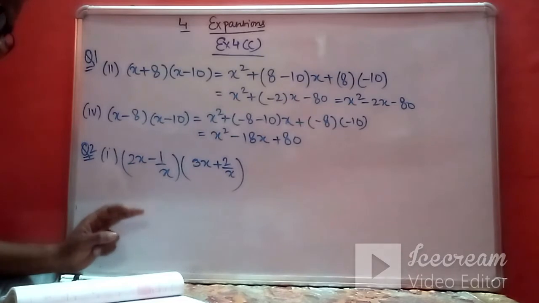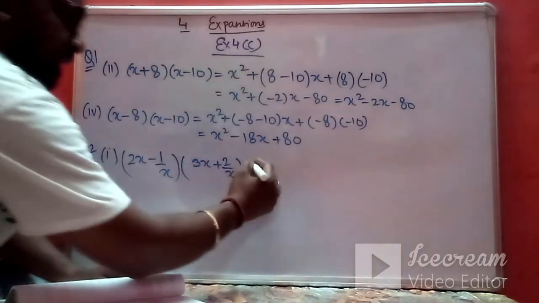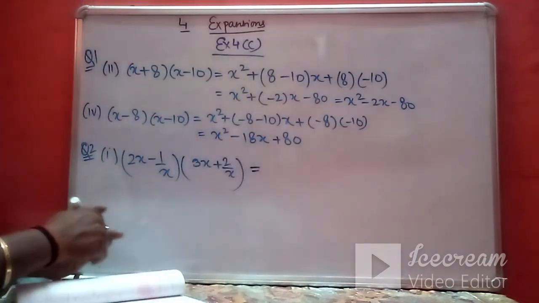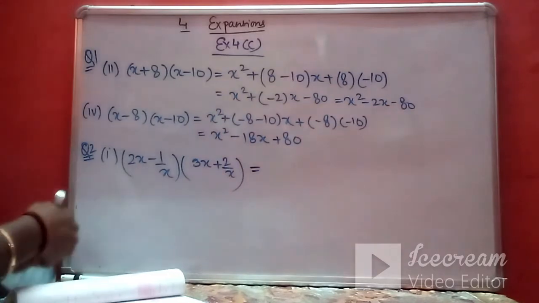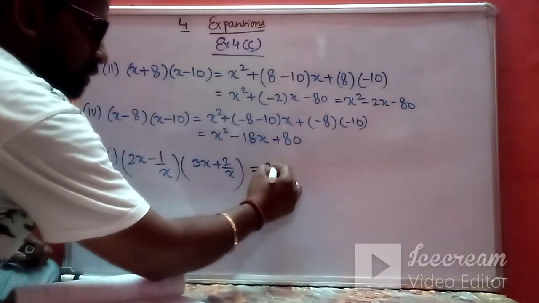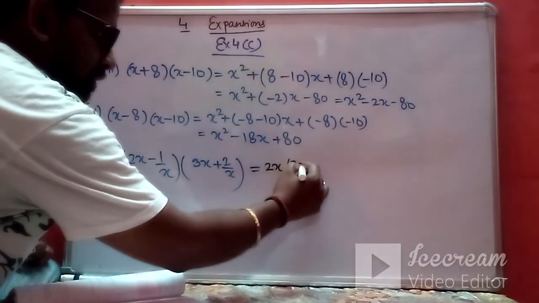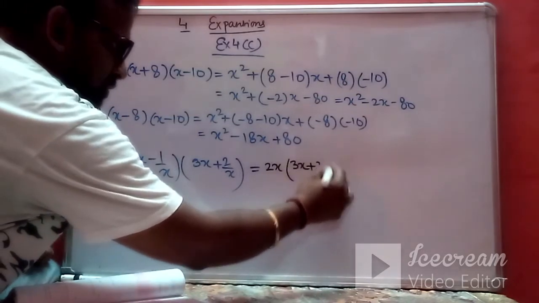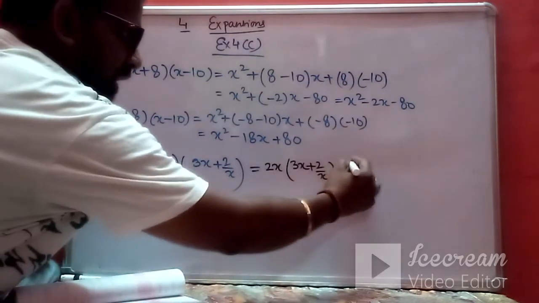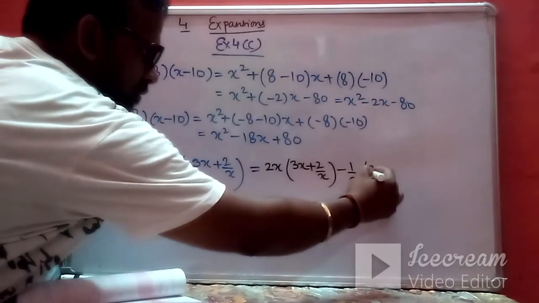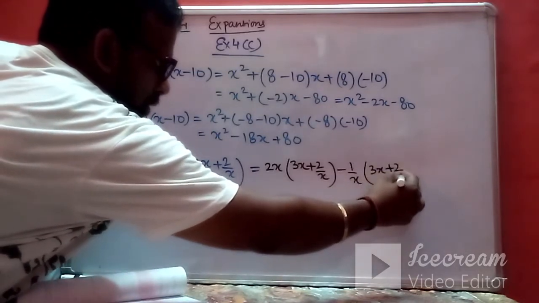So here we will simply multiply as usual. It is 2x into (3x + 2/x) minus 1/x into (3x + 2/x).